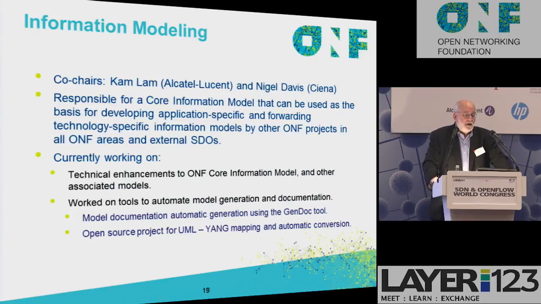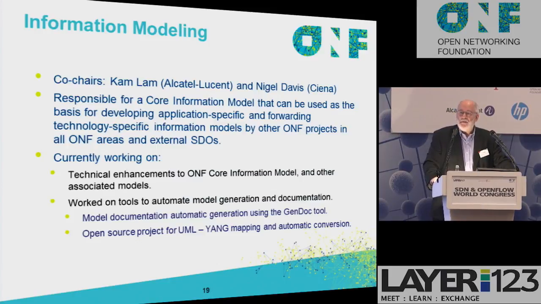They're currently working on technical enhancements to the ONF core information model and other associated models as well, working on tools to automate model generation and documentation. They do their modeling in a formal modeling language known as UML. And one of the things that they're working on very successfully is the automatic generation of Yang models and code from the UML.